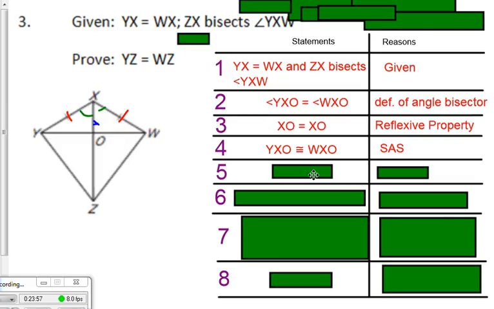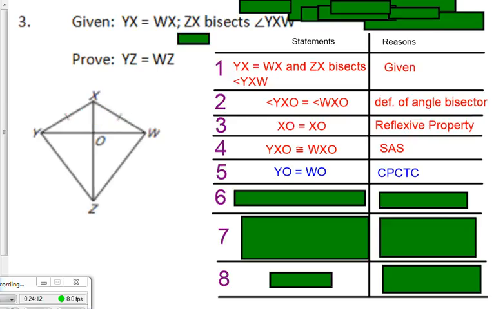Now that we've shown that they're the exact same triangle, we need to show some additional information. YO is the same as WO. And we know that because they are corresponding parts of congruent triangles. So I'll erase that information and say this has to be just as long as that. Same thing, this one and this one are just as long as each other.